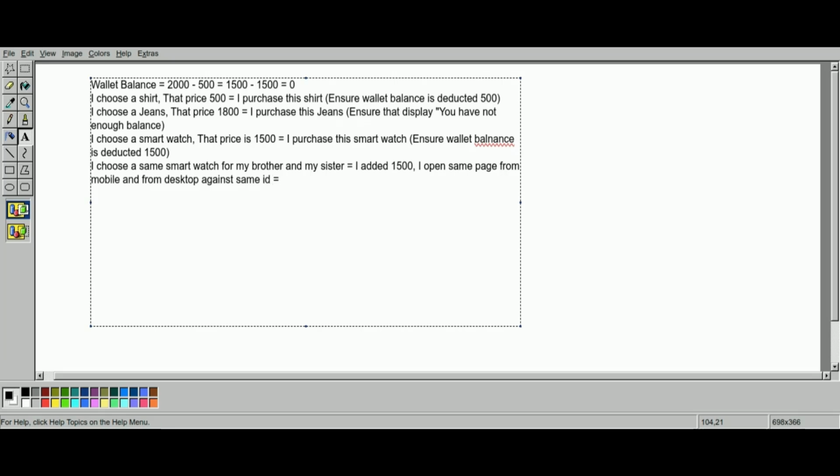Then I purchase the smartwatch from mobile. Okay, ensure the purchase is done.